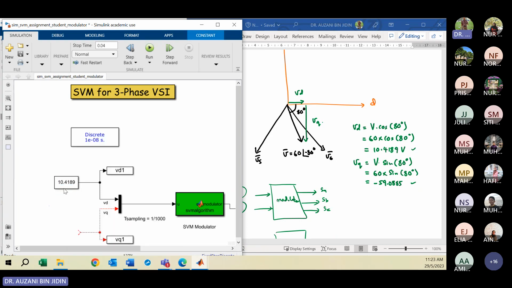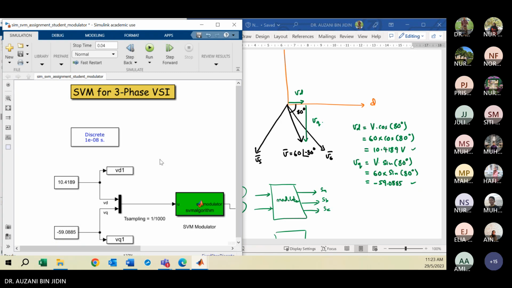Then another block here, you can copy by pointing your mouse cursor on the block, then right click, pull, drag to here. Then you can change the value to minus 59.0885.